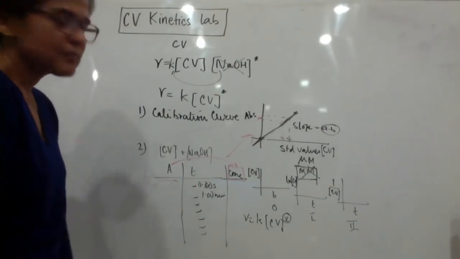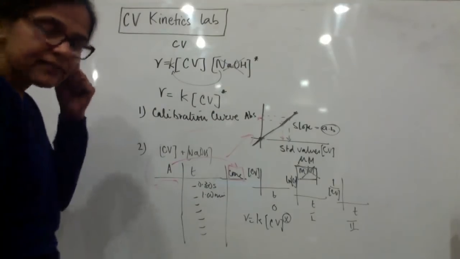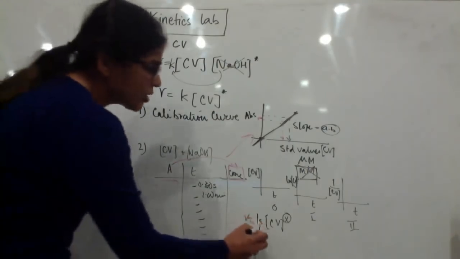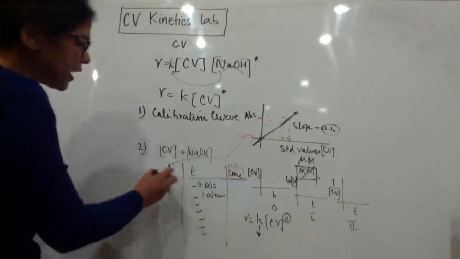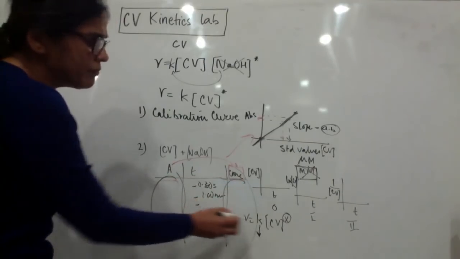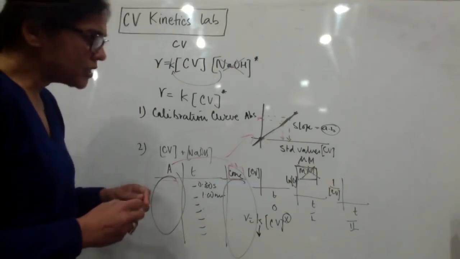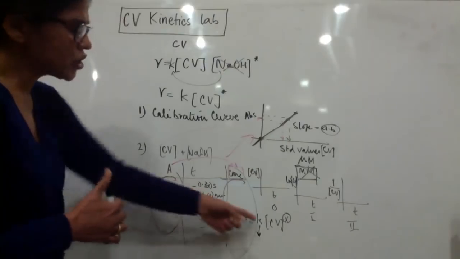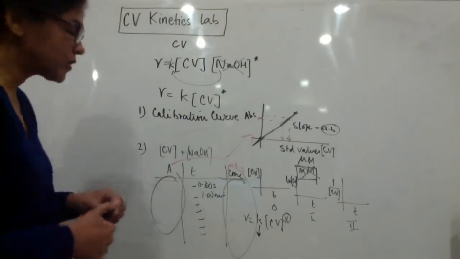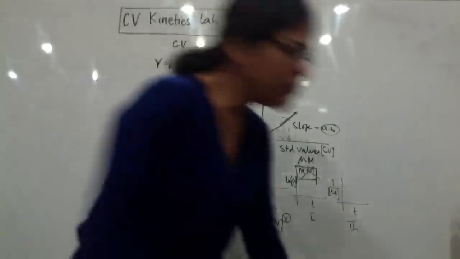The change in concentration with time will give you the rate, and then you can substitute that rate with any concentration, and that will give you the K value of crystal violet. Be sure to write the units of K. So that is what this lab was about.